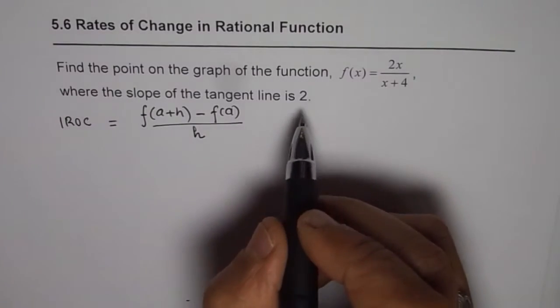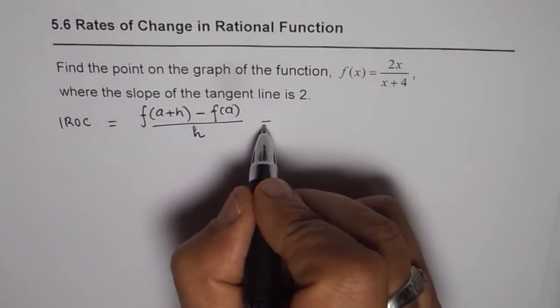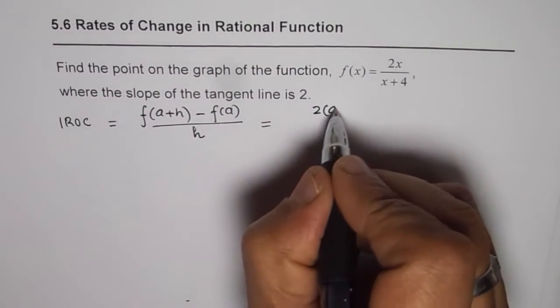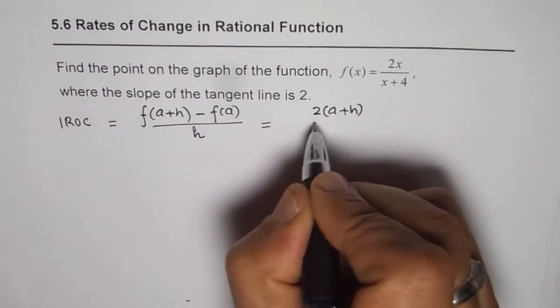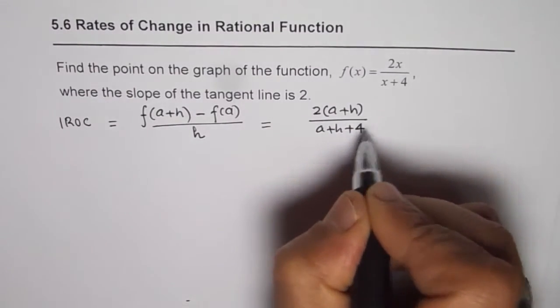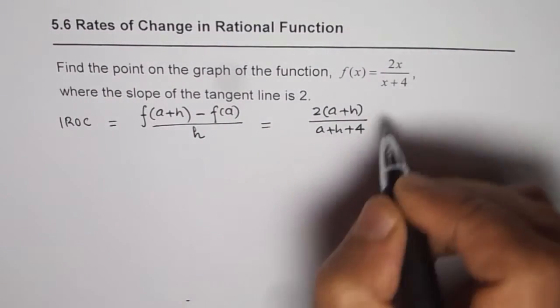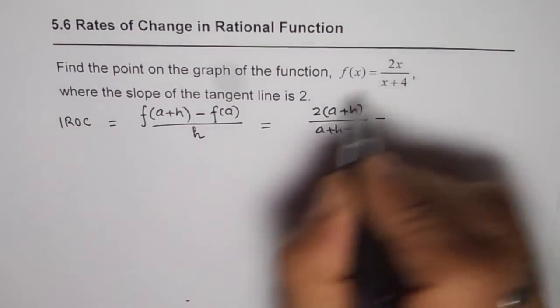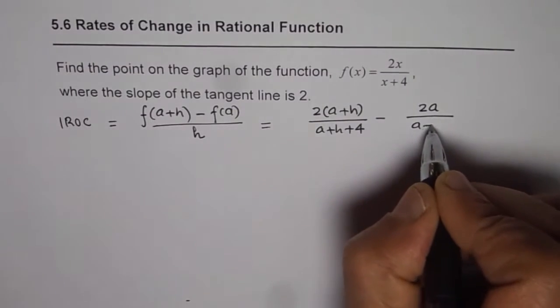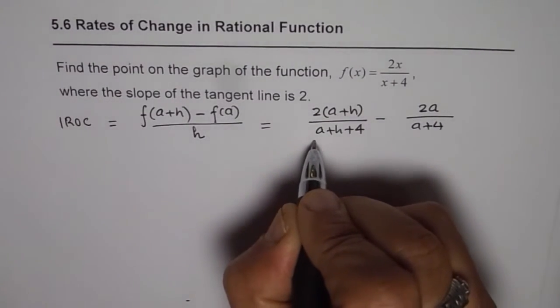A plus h means that in the function we replace x with a plus h. So we get 2 times a plus h over a plus h plus 4, so x is replaced by a plus h, minus f of a, x is replaced by a, you get 2a over a plus 4, everything divided by h.